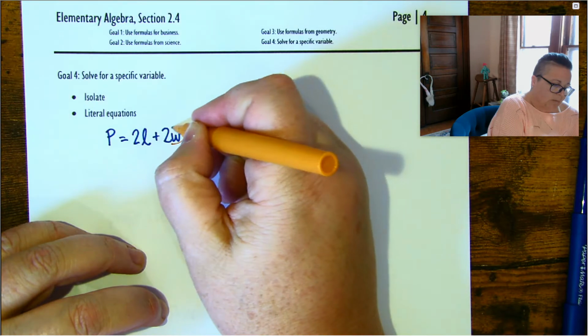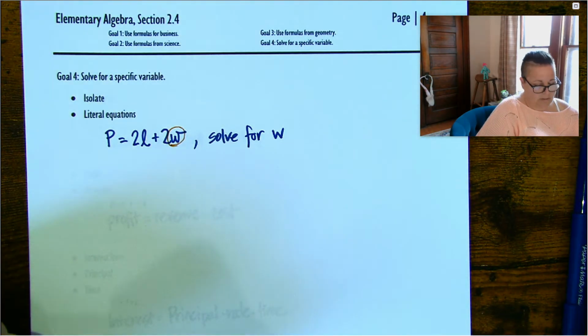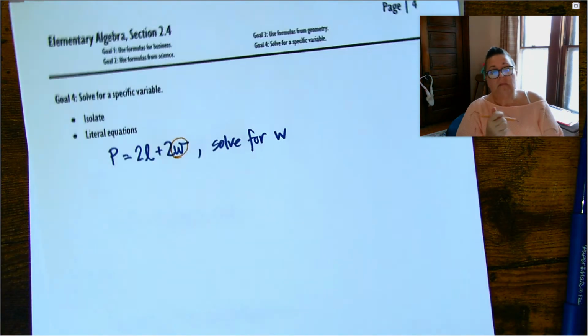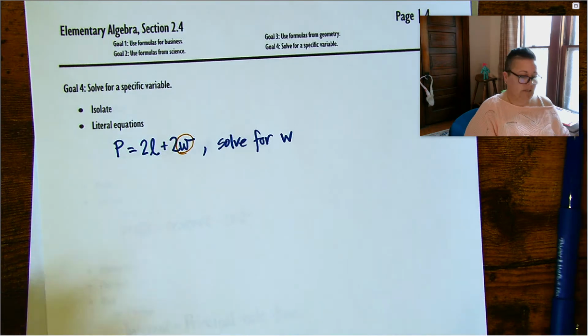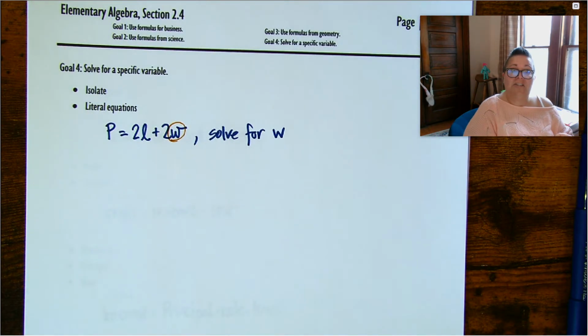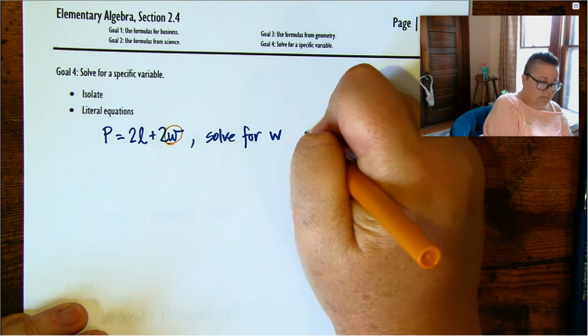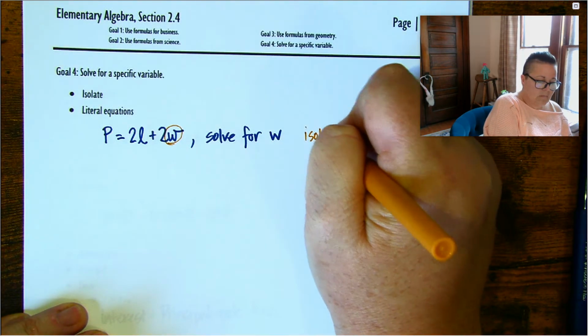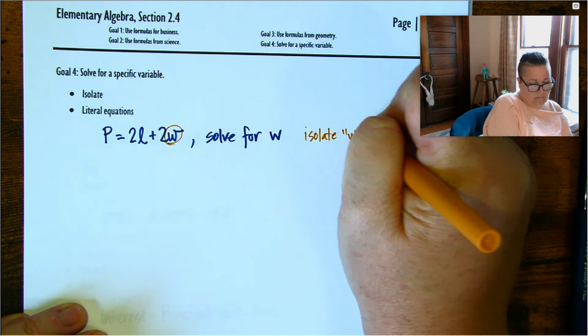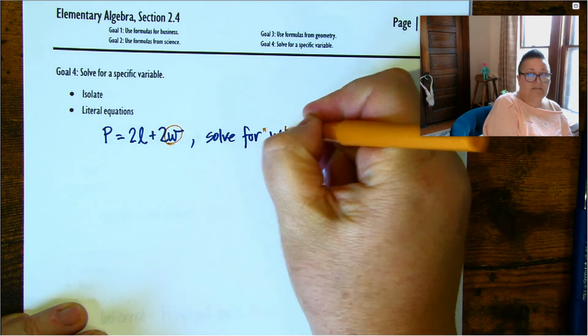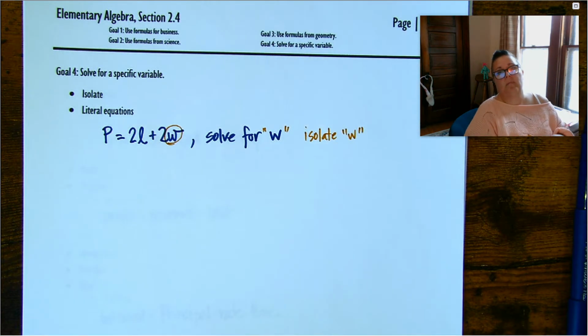The W is what we want to get alone. Now, we're going to rearrange this formula. We're essentially going to isolate W. This is also known as solving for W.